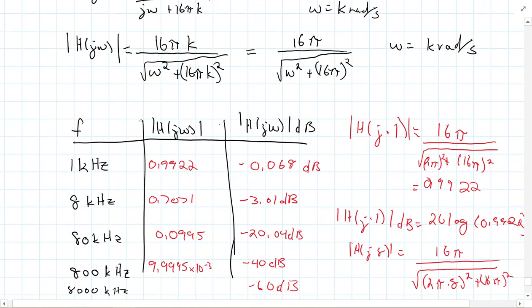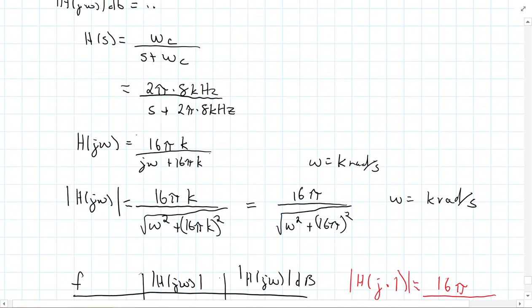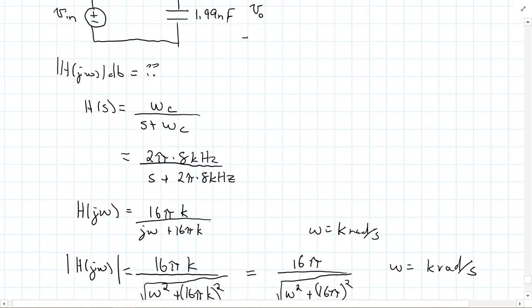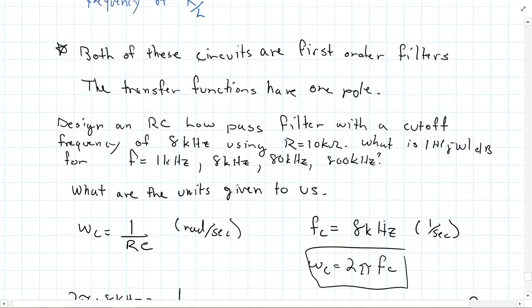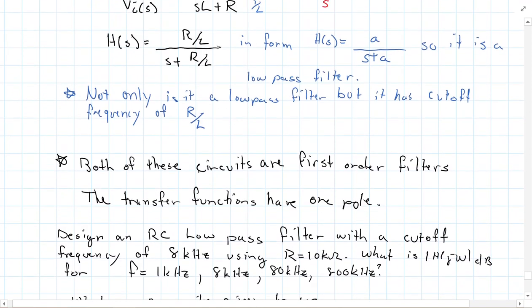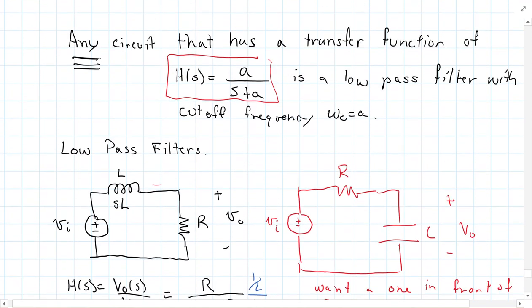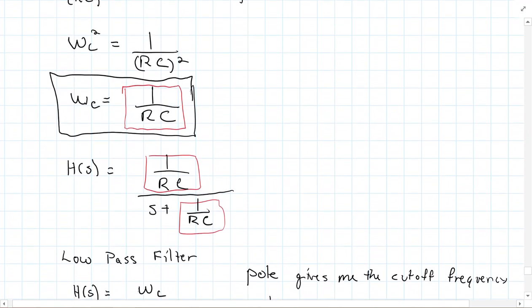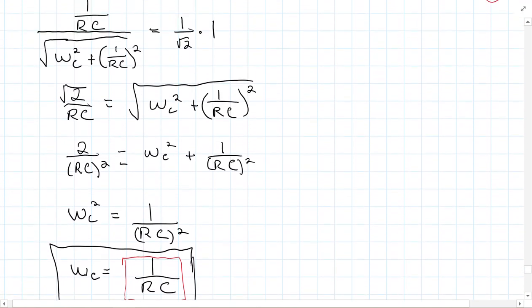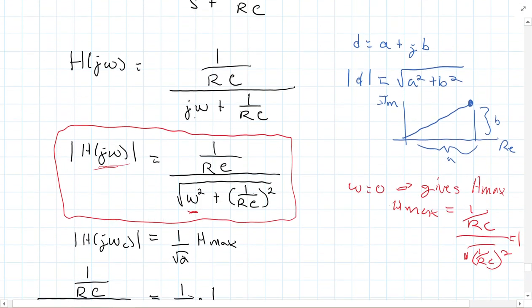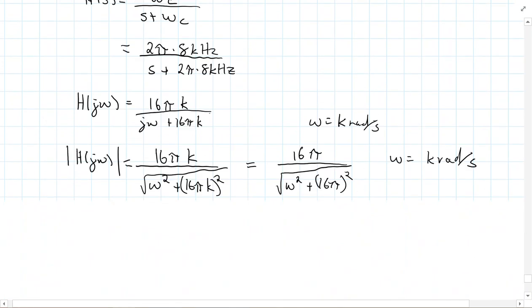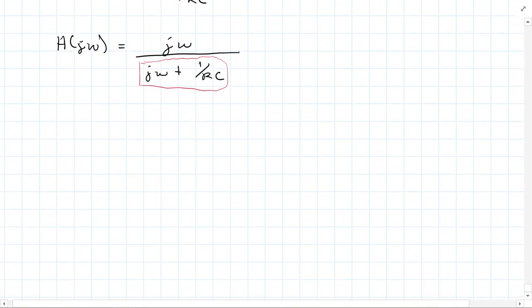I'm just going to scroll back here, even a little bit further. Yeah, right here. See, when we were looking at the low pass filter, we had j omega plus 1 over RC, and we also had 1 over RC in the numerator, as opposed to now we have j omega. So let's go back and finish this out.